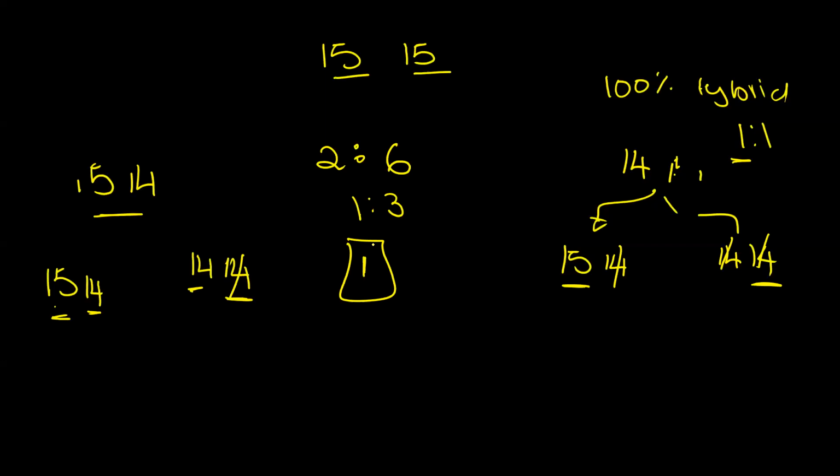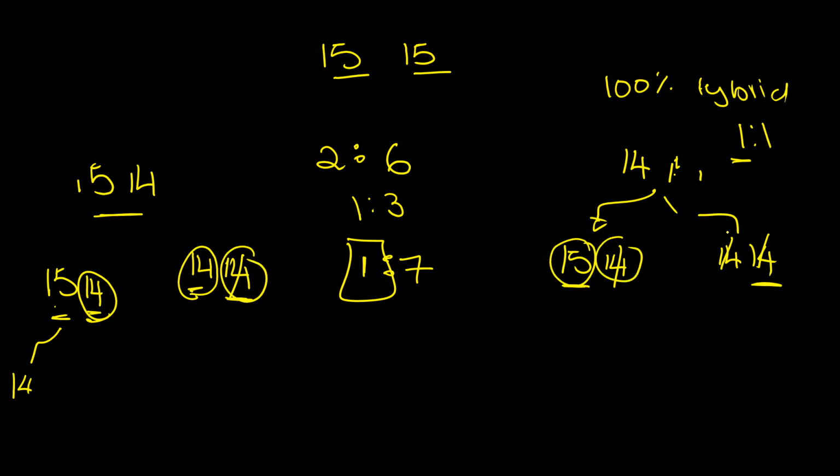Clear? And with the second round of division, it will be 1 to 7. Okay? If you want to do it, split those two. This is going to give you a 14, 15, 14, and this will be 14 and 14. This will be 14, 14, 14, 14, 15, 14, 14, 14, 14, 14, 14, 14. Good? There will always be two 15s only.